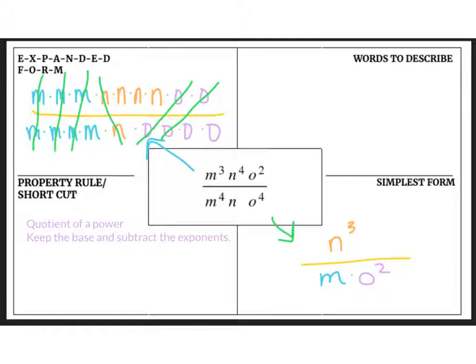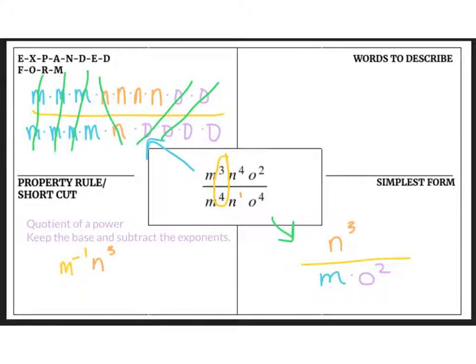But I wanted to point out that if we subtracted the exponents here, this would be 3 minus 4. And that would give you m to the negative 1. And then n to the, there would be 1 there, n to the third.